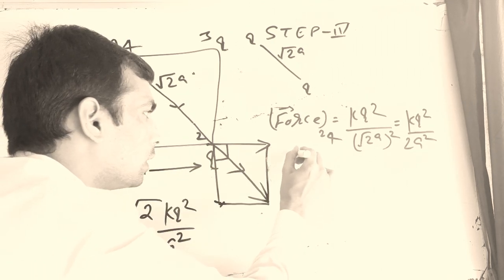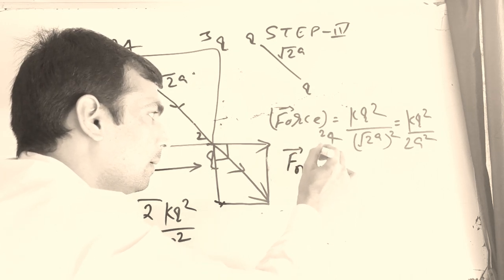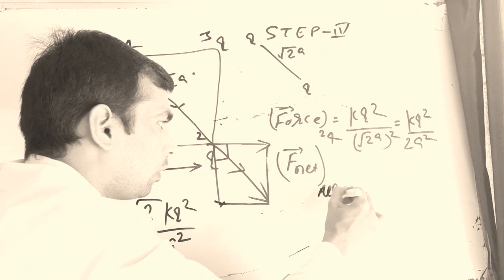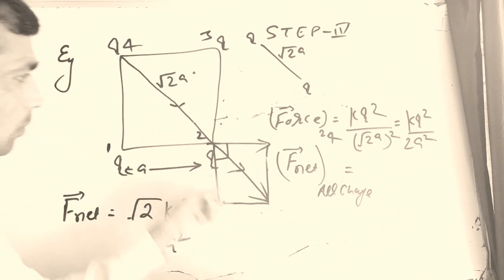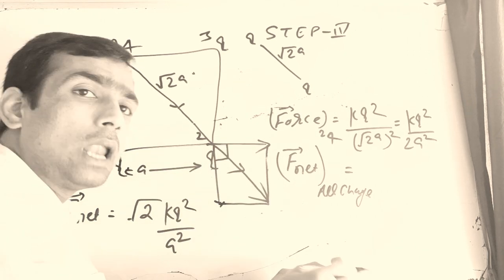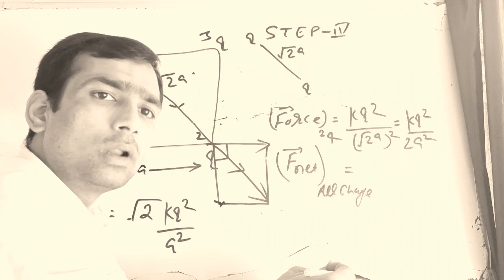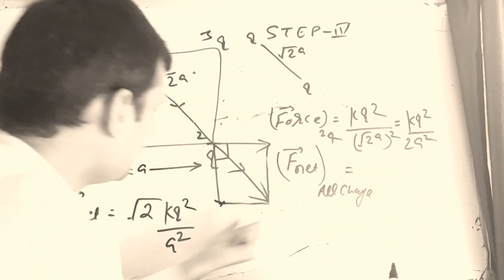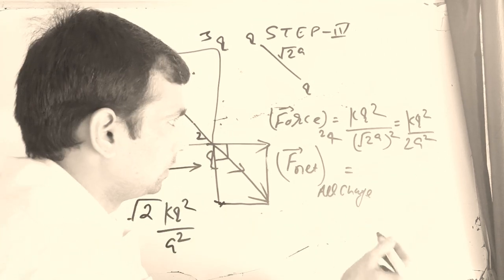So this is F net due to the system, F net due to all charges, because both resultants lie on the same line. So similarly you can add both of these.